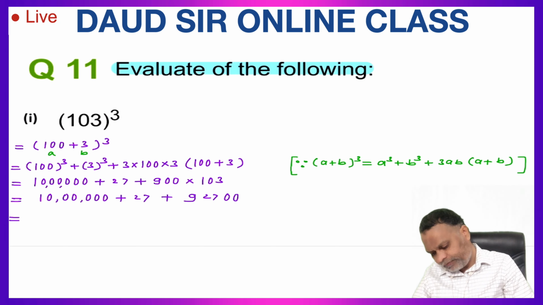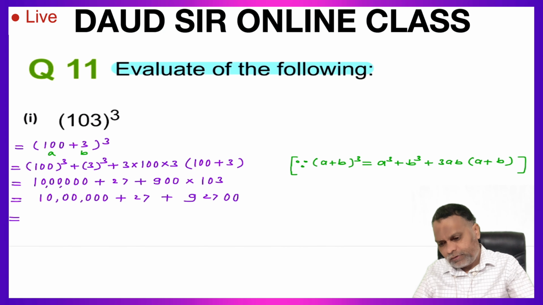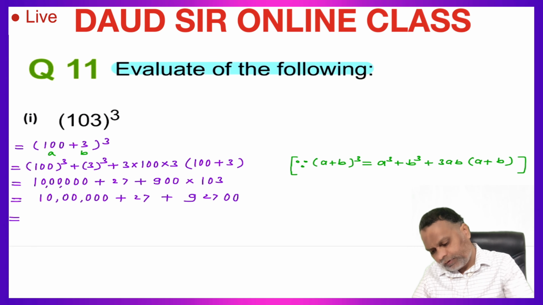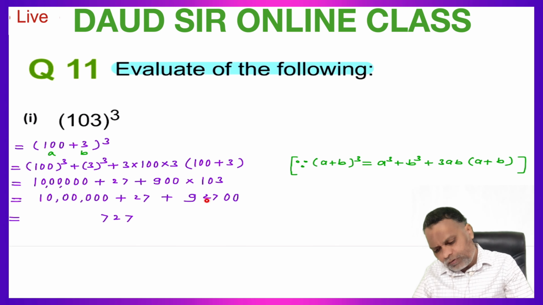Now add this. 7 0 7. So this is 7. Second digit 0 plus 2, 2. Third digit 7 plus 0, 7. Fourth digit 2.